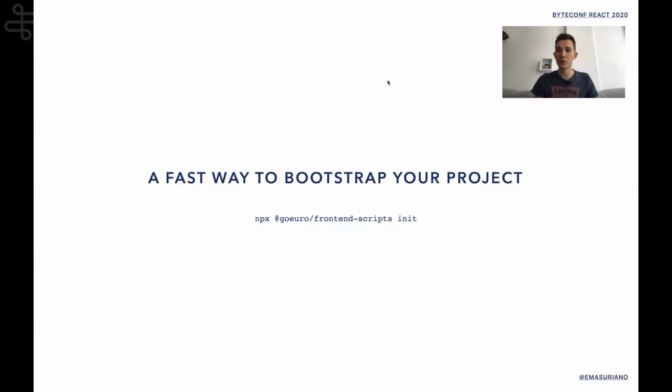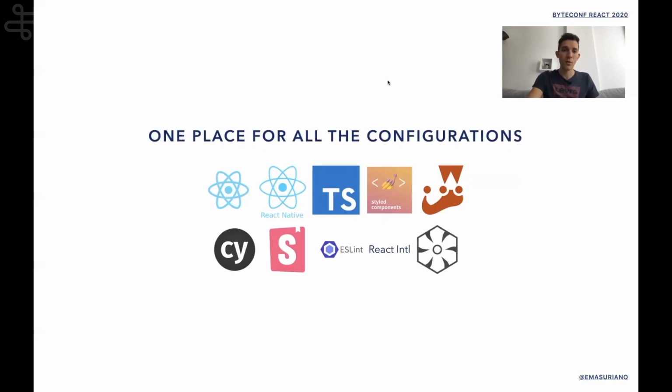Then a fast way to bootstrap your project, we are using npx. We will download the package from our npm and then call the init script. This will create a folder inside the developer's computer. Then one place for all the configurations.